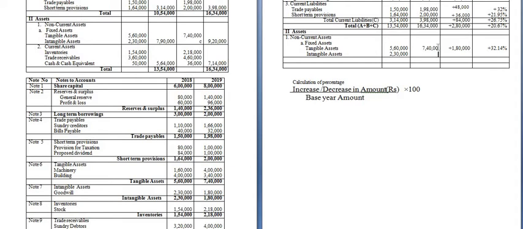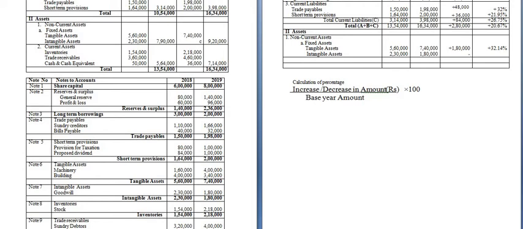So write the amount in the 2019 column. How much? 1,80,000. Now make the comparison whether it is increase or decrease. It is decrease. As it is decrease, first we have to write what? Minus sign.